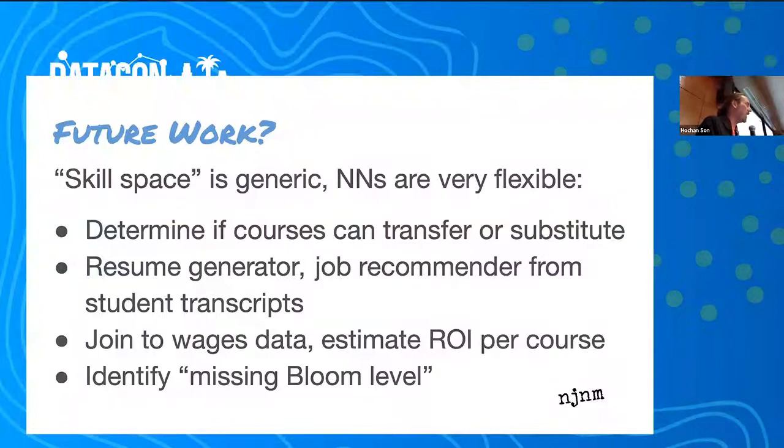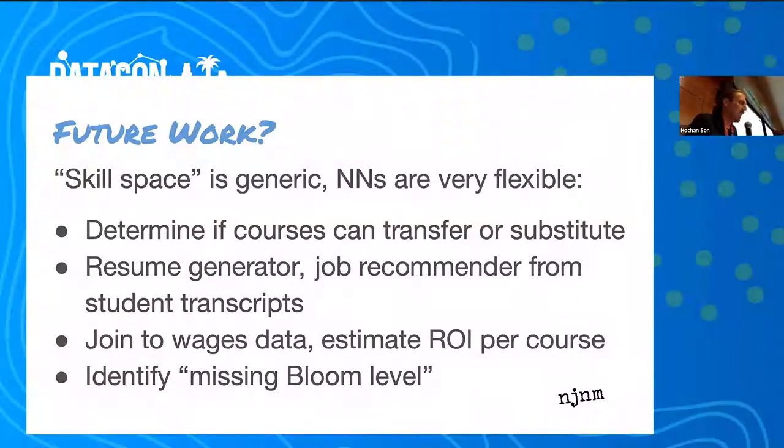Right now, they email a syllabus to a person in the admin staff, and then they read both of them and make a decision. Another thing you could imagine is a resume generator or a job recommender based on student transcripts. So if you're two years into your degree and you're taking these things, which are the most relevant jobs, or make me a resume that's well suited for those jobs you specify, things like that.